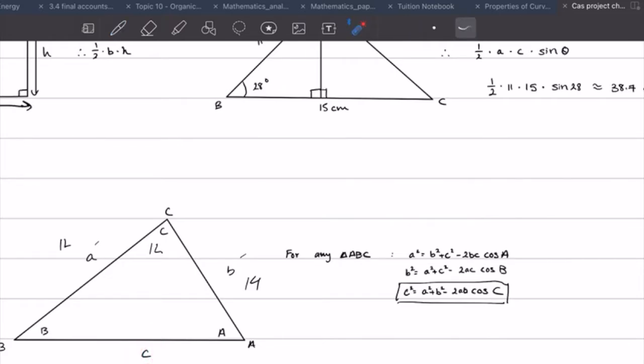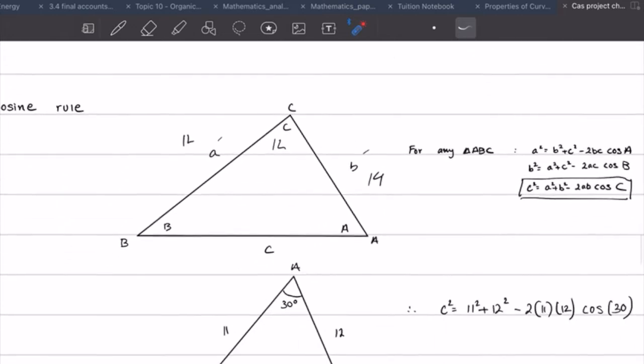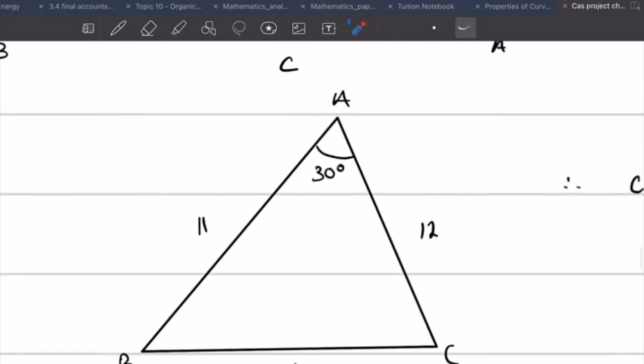And this applies to every one of these other formulas if you're given A and C, or if you're given B and C. Now, what I meant by relating three sides of a triangle and one of the angles is this thing I like to call the angle sandwich, where the angle is sandwiched in between two sides. So here in this example, we can see that 11 and 12 are the sides given to us.